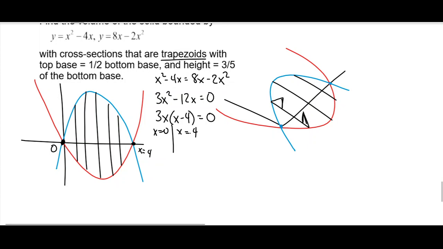There we go. Something like this, like that, and like that. Pretend that I got that drawn well, right? Those are the trapezoids that are popping out there, with the base here and another base there.